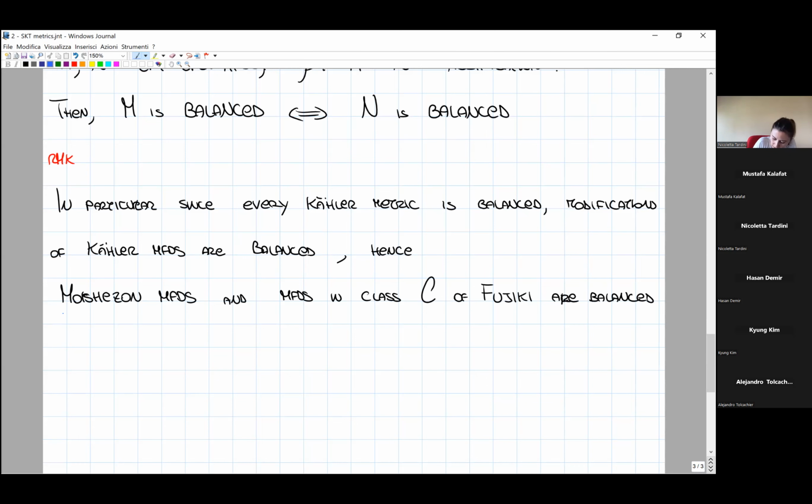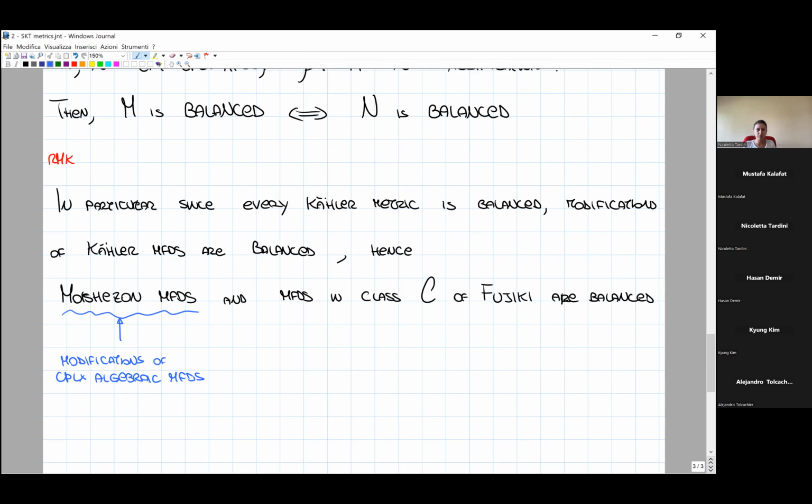So Moishezon manifolds are modifications of complex algebraic manifolds. Complex algebraic manifolds are always Kähler, because you can embed them in the complex projective space. But the complex projective space has a natural Kähler metric that is the so-called Fubini-Study metric. And then you can restrict the Fubini-Study metric to submanifolds.